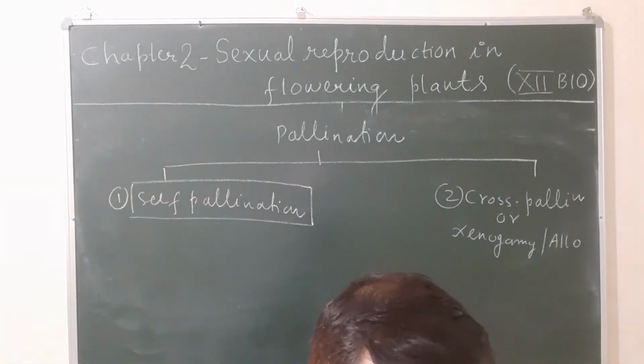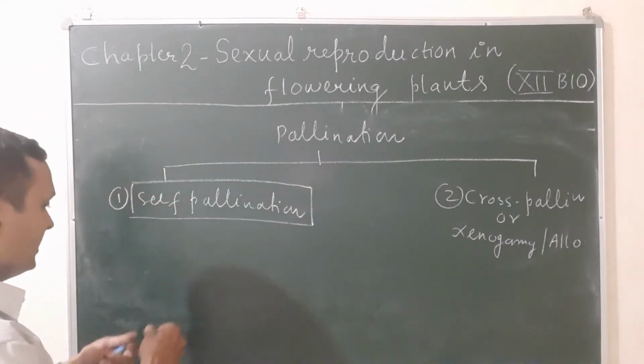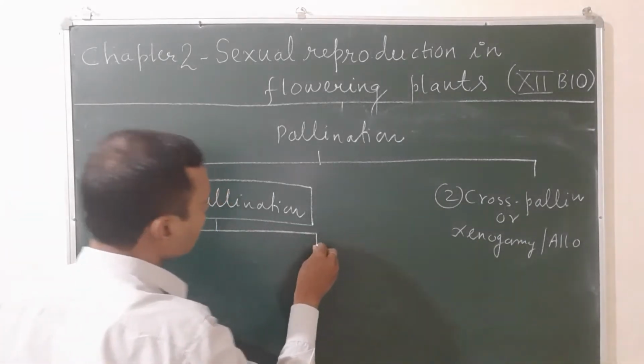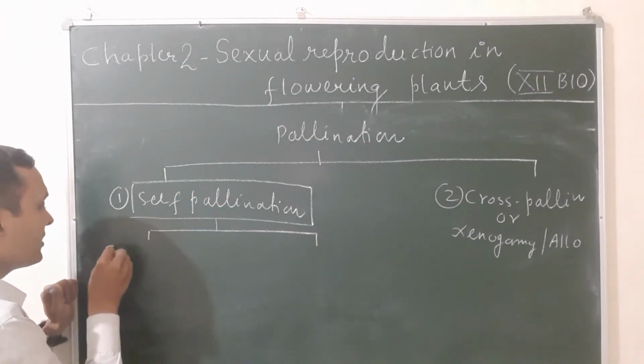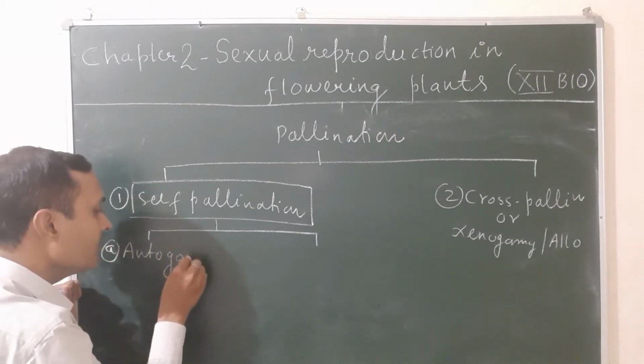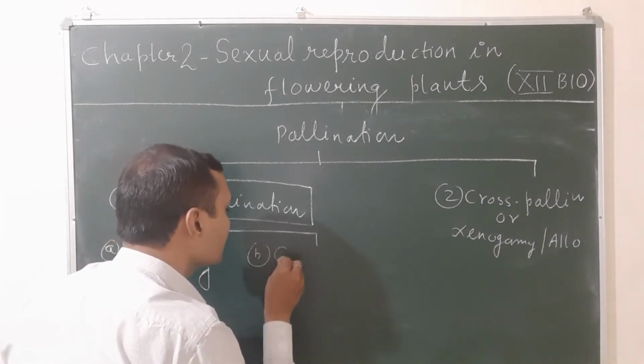By making a flower, you can easily understand self pollination. Self pollination is further classified into two types: autogamy and geitonogamy.